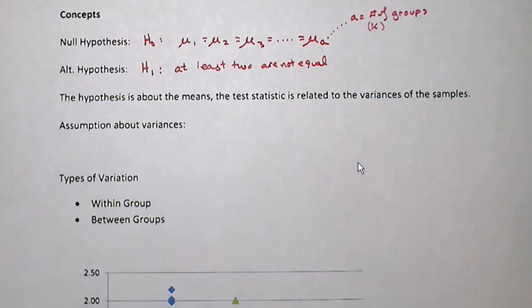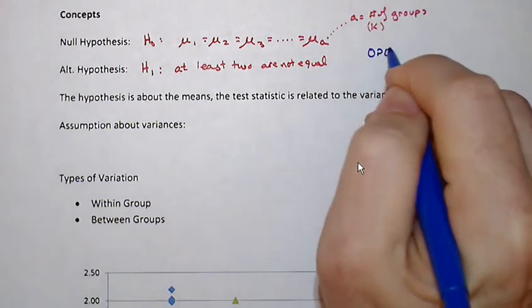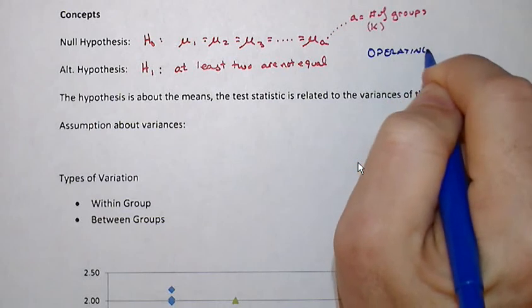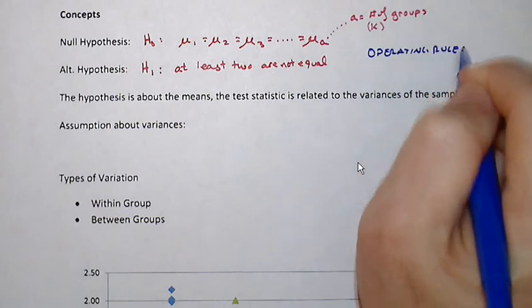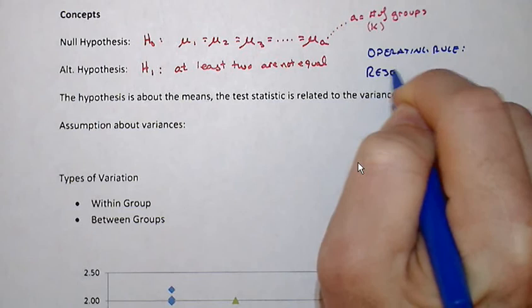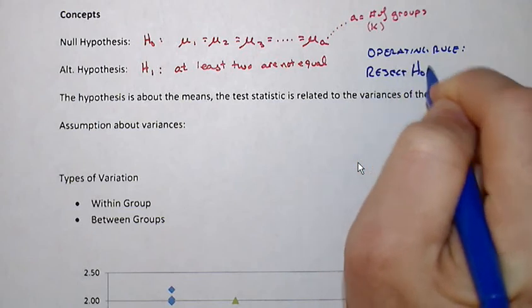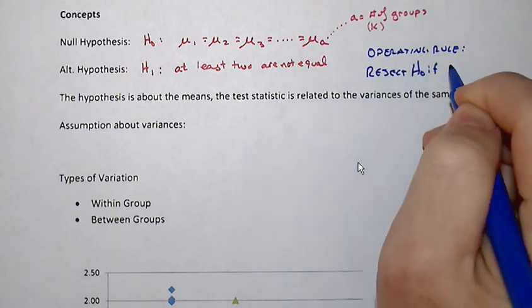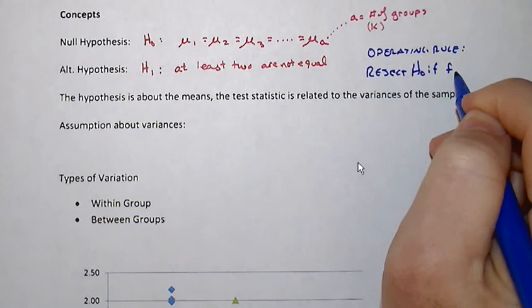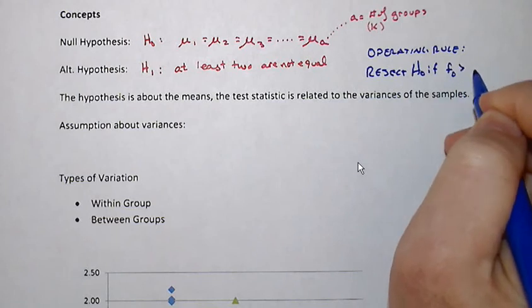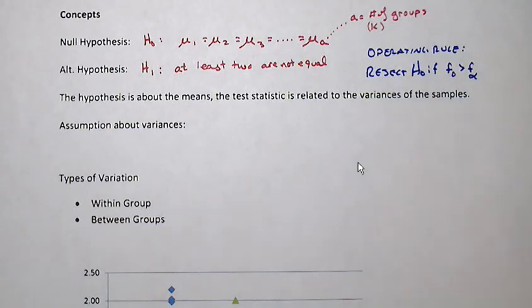Now, in terms of an operating rule, we're going to reject our null hypothesis if our test statistic is greater than a threshold. It turns out that we're going to be looking at the ratio of variances, and that's going to be the F distribution. I've written it as though it's one-sided.